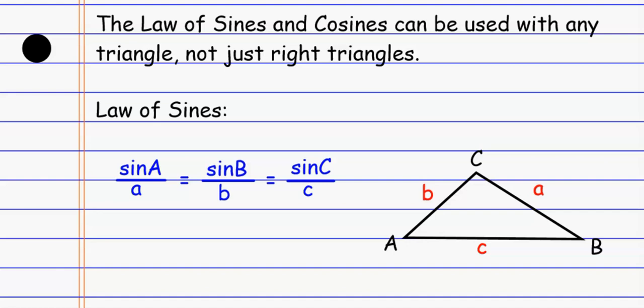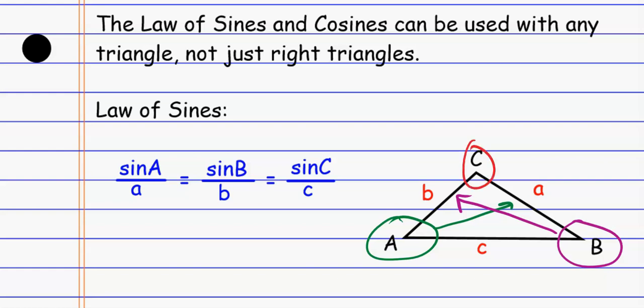So it says the sine of A over its opposite side, and that's going to equal the same ratio as the sine of B, the sine of this angle, over its opposite side. And that's going to be the same as the sine of this angle over its opposite side.